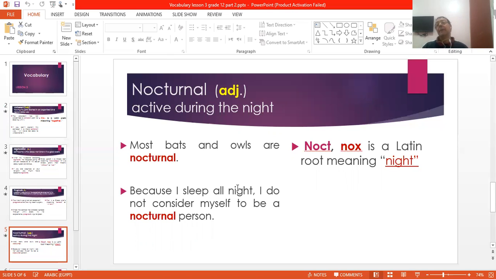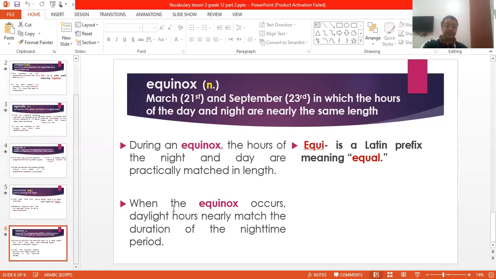So nocturnal animals or people like to stay up late or be awake during the night. Because I sleep all night, I do not consider myself a nocturnal person. In fact, I'm a morning bird, as I just said.